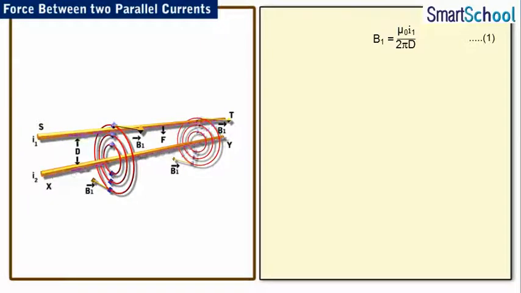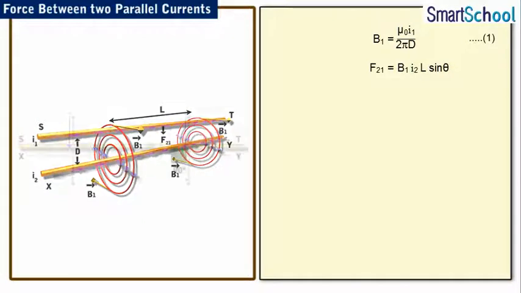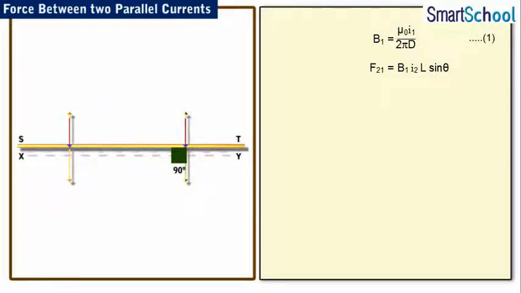The magnitude of the force experienced by a segment of length L of the conductor ST due to the magnetic field produced by the conductor XY is F21 equals B1 I2 L sine theta, where theta is the angle between the direction of the magnetic field B1 and the current in the conductor ST. Let us label this as equation 2.